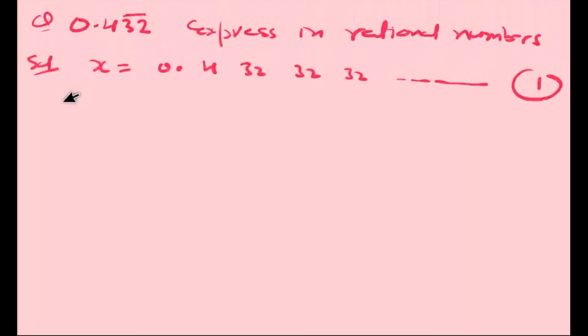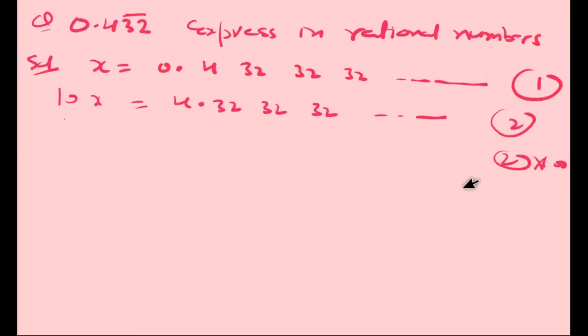So multiplying by 10 we will get 4.323232 and so on. Now it is equation 2. Now in this equation 2, multiply by 100, so we will get 1000x, 100 into 10, equal to, and now the point will be here, so what do we get here?